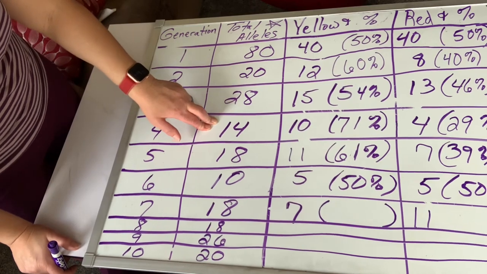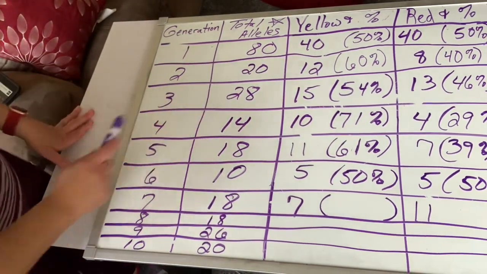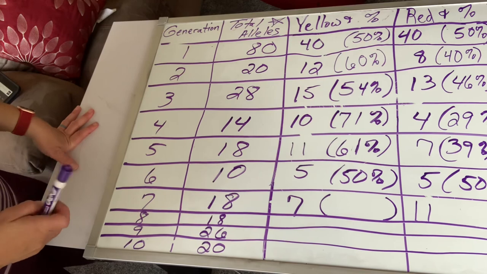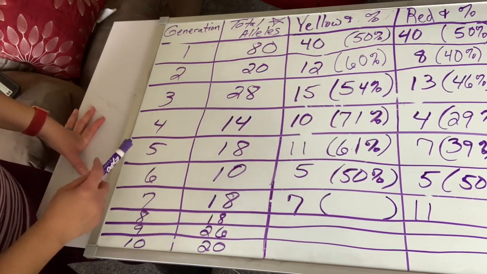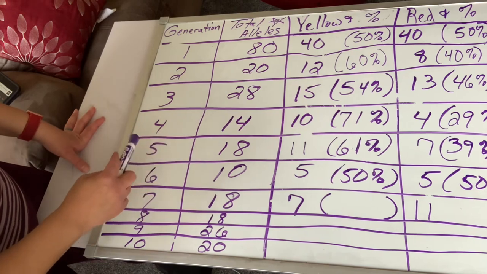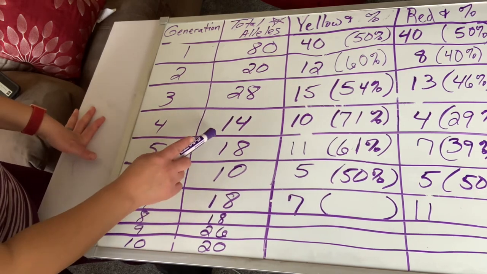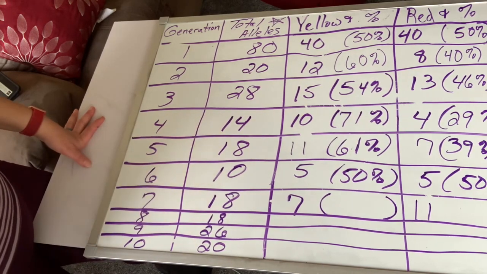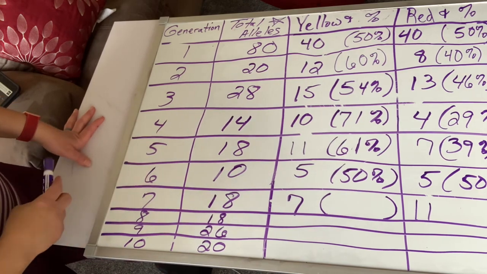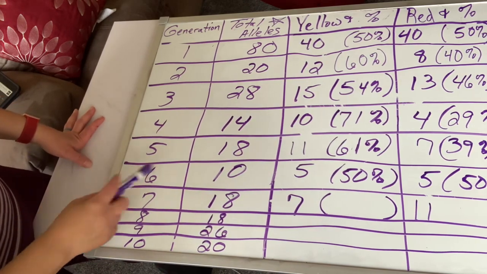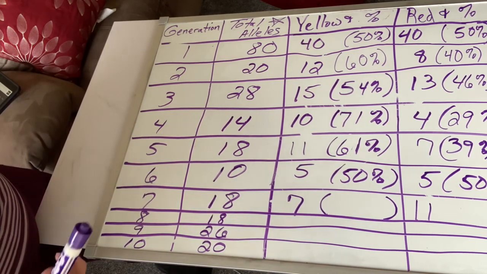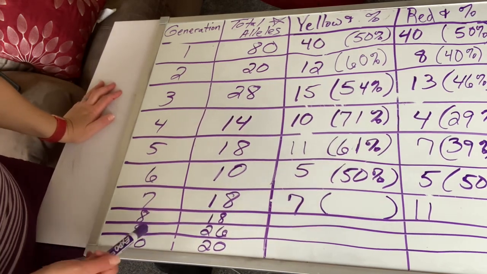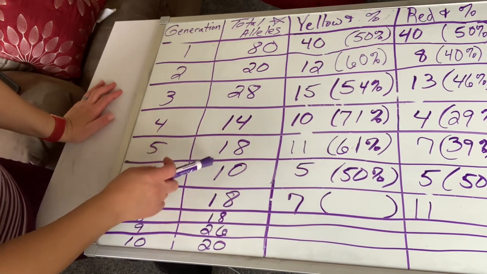So from there, these 14 alleles, remember that's 7 individuals, got together and only had a couple of babies. Those 2 babies are 4 alleles. We added it, and then you had 18 alleles for generation number 5. Then generation number 5, because of old age and predators and such, got down from 18 alleles to 10 alleles.